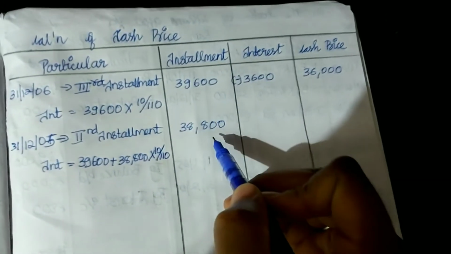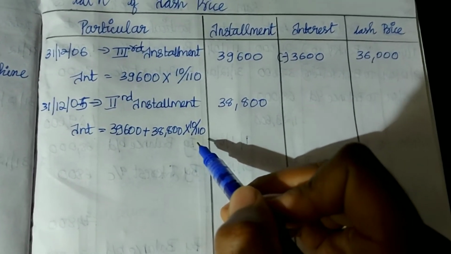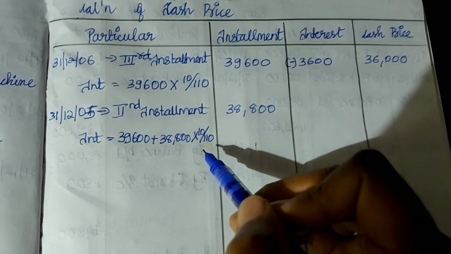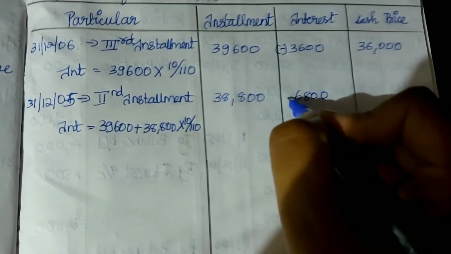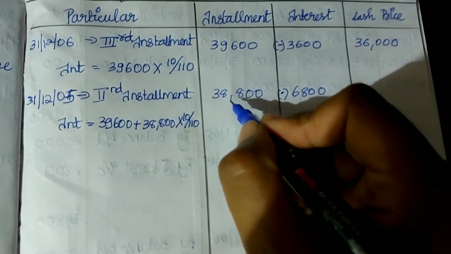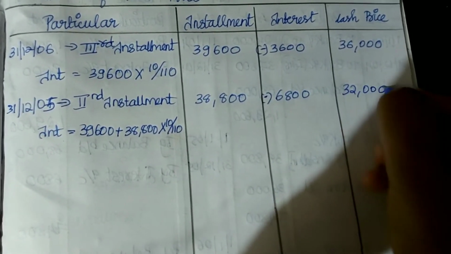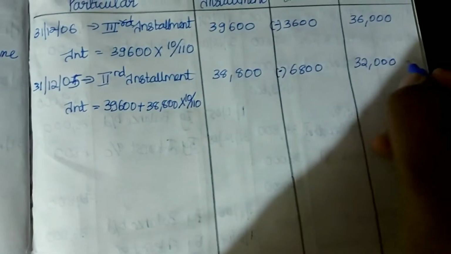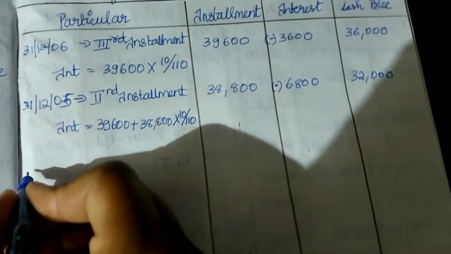You should add both amounts and then calculate the interest on it. If you do so, you'll get 6,800. Subtract 6,800 from 38,800, you'll get 32,000. Now you have calculated the cash price for the second installment. We'll go for the first one.